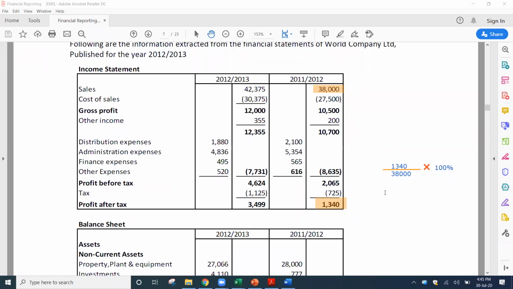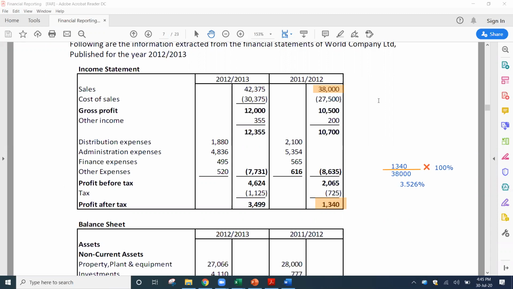Then you will get the net profit ratio, which is 3.526. Like this, you can calculate the net profit ratio for 12-13.